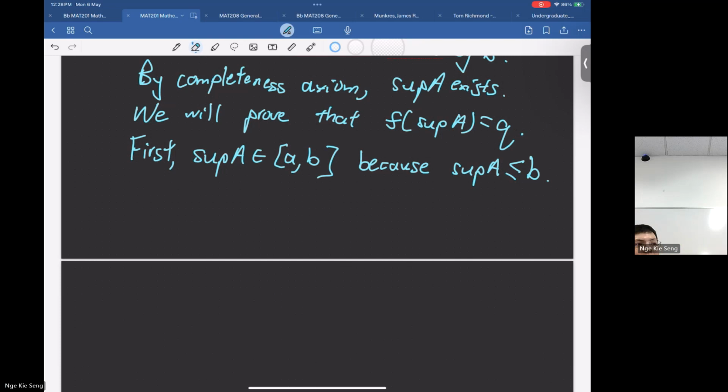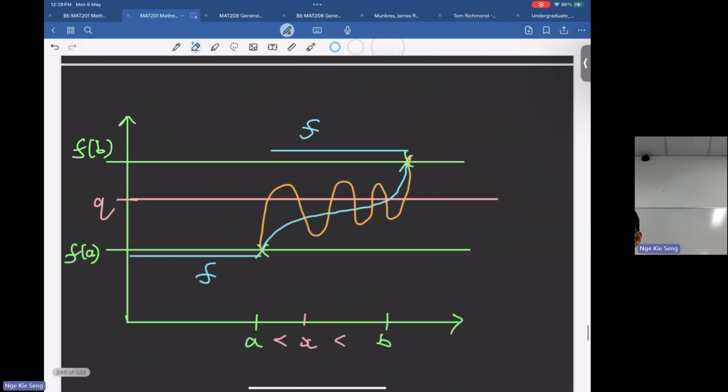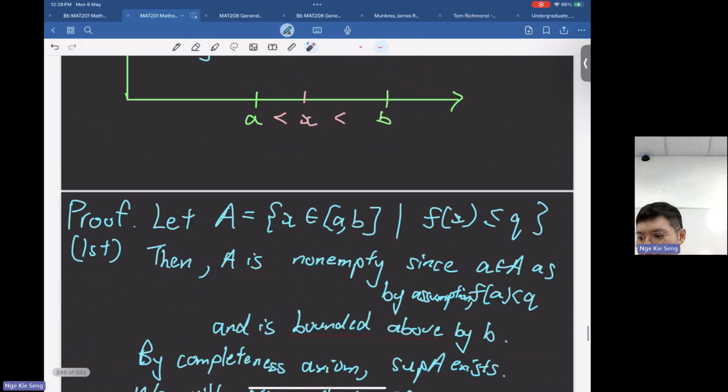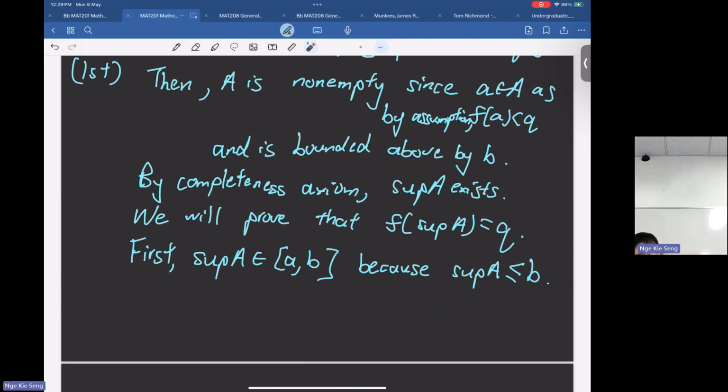f(sup A) equals Q. f(b) is what? f(b) is not Q. f(b) is something greater than Q, remember? So how should we argue that f(sup A) is Q?